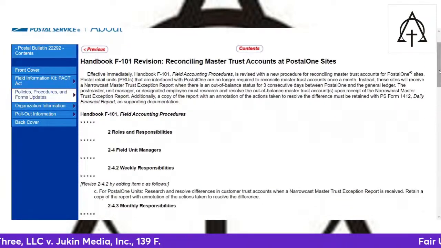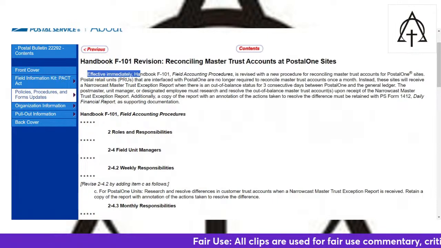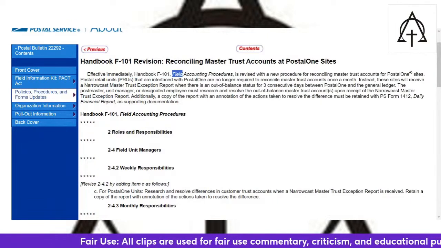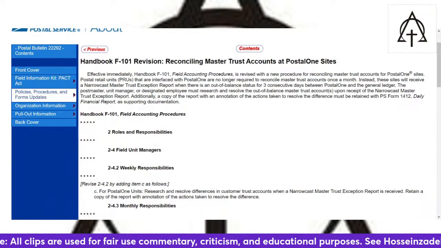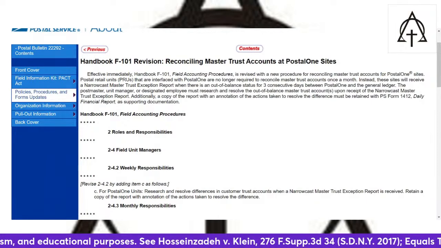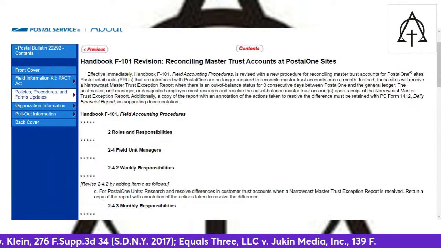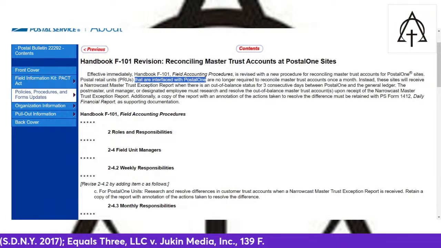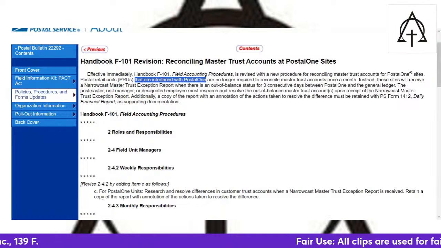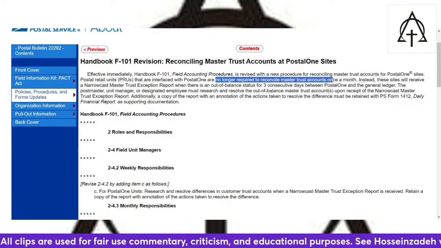I did a series of 43 videos on this, and it clearly says, effective immediately, Handbook F101, Field Accounting Procedures, is revised with a new procedure for reconciling master trust accounts for Postal One's sites. Postal retail units that are interfaced with Postal One, such as an enterprise payment system account as an international merchant with a MID and CRID identification for such needs of commercial merchant transactions, are no longer required to reconcile master trust accounts once a month.